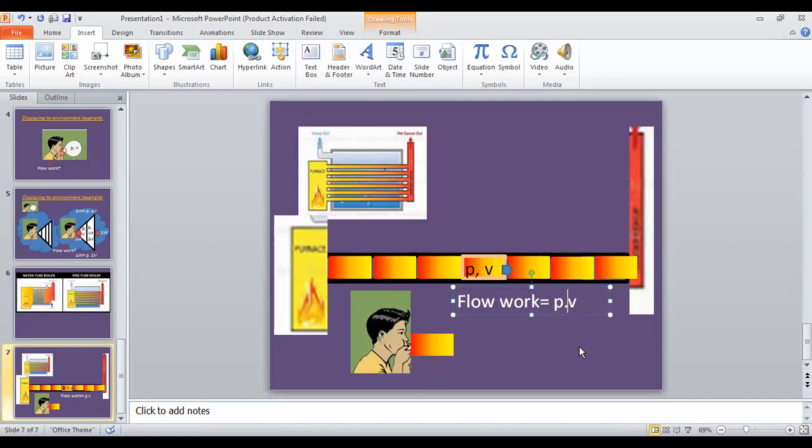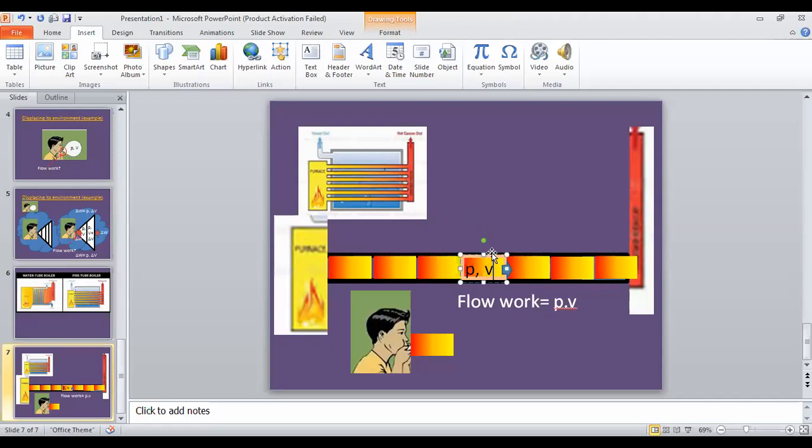Okay, so PV means at this pressure, in this way, if this needs to flow forward, there should be a sort of energy PV other than the internal energy here.